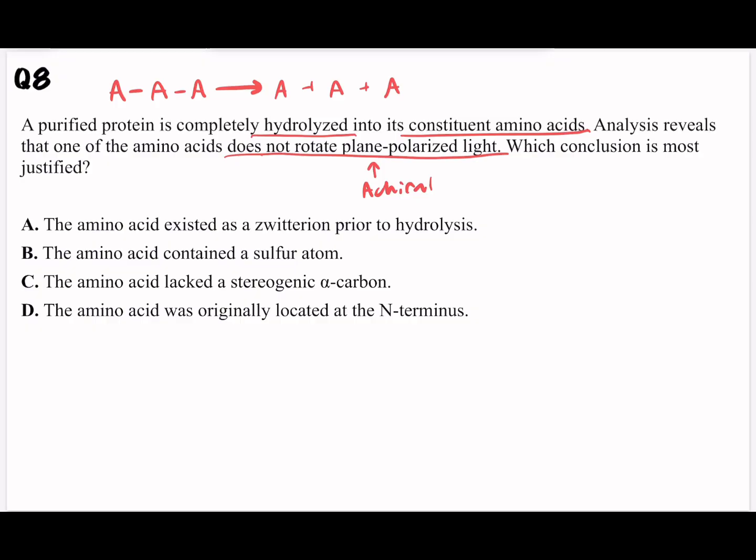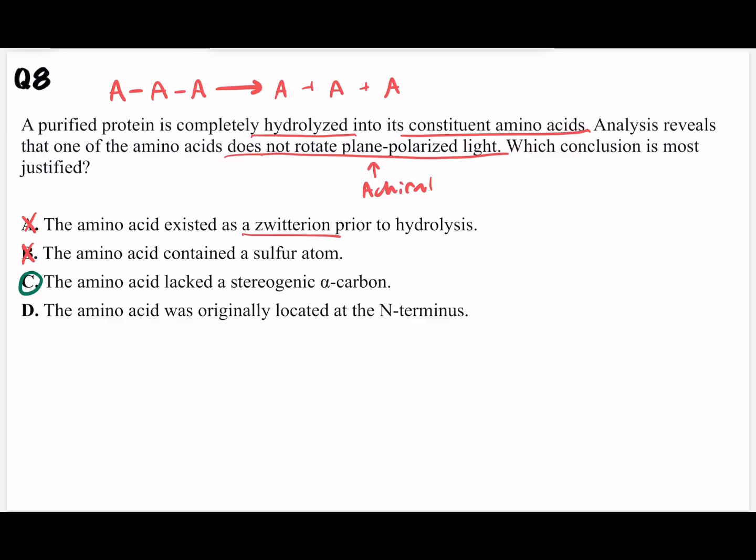Not rotating plane polarized light means that an amino acid is achiral. So whether it's a zwitterion or not, or the charges in general, don't really matter. So it's not answer A. B, the amino acid contained a sulfur atom. Again, having a sulfur atom has nothing to do with the chirality of an amino acid, so it's not answer choice B. C, the amino acid lacked a stereogenic alpha carbon.